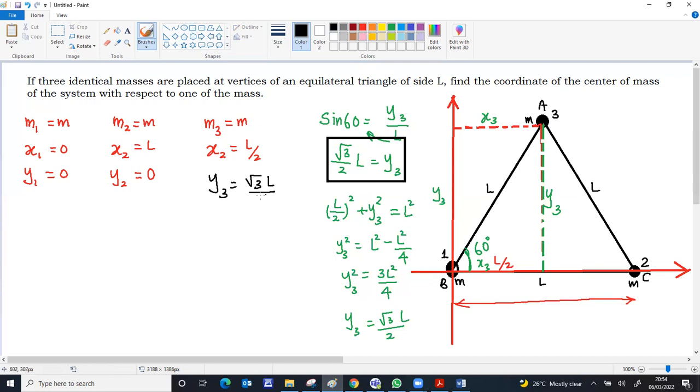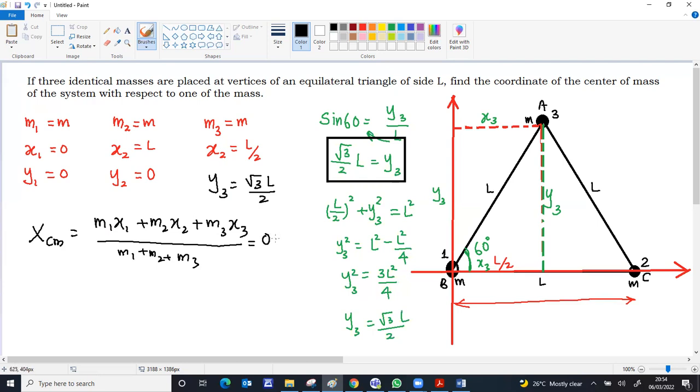Root 3 L by 2. When you find the x coordinate of the center of mass, it is m1 x1 plus m2 x2 plus m3 x3 by the total mass m1 plus m2 plus m3. m1 x1 is 0 because the x coordinate is 0. m2 x2, x2 is L, so m into L, plus m3 x3, so m into L by 2, whole divided by 3m.